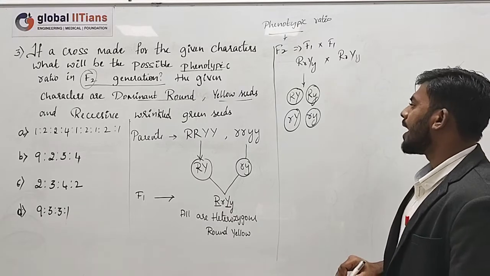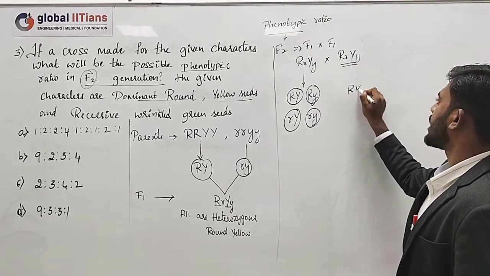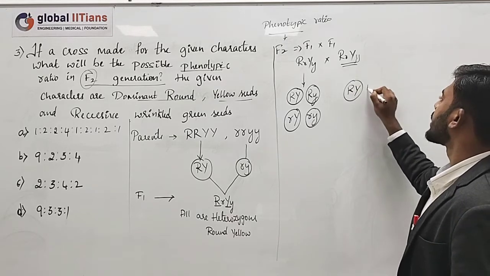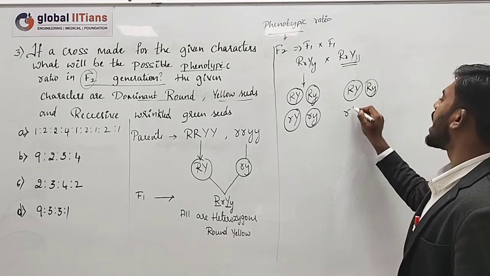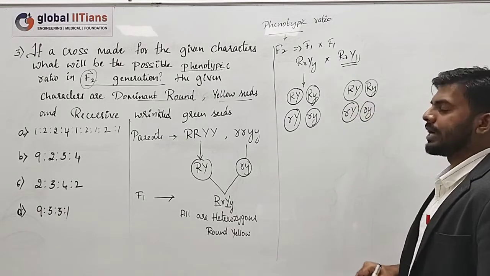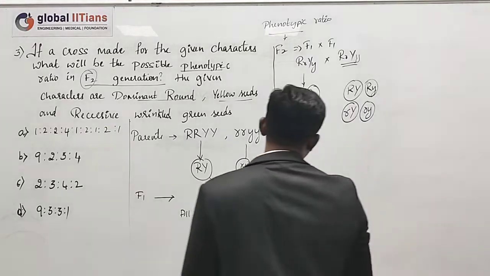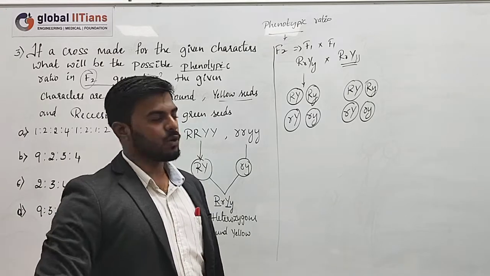It's the same for the other parent: capital R capital Y, capital R small y, small r capital Y, small r small y. Done. Now we'll draw the Punnett square to see the possible phenotypes.